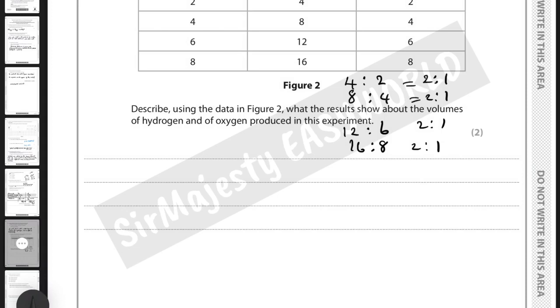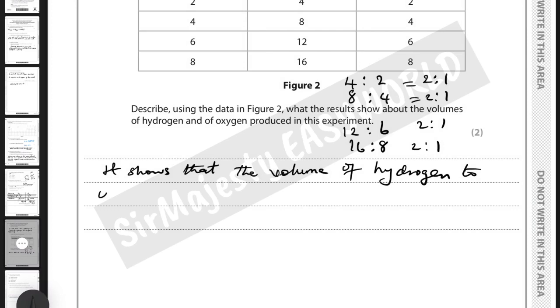Simple, it shows that the volume of hydrogen to oxygen is always in the ratio of 2:1.